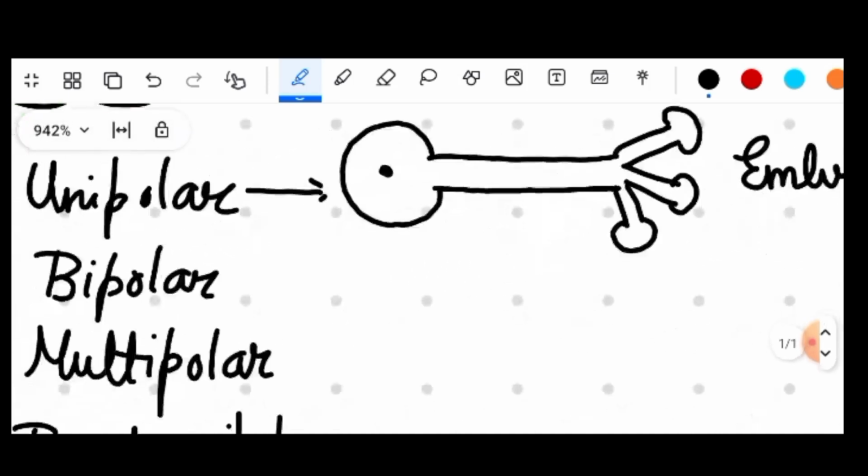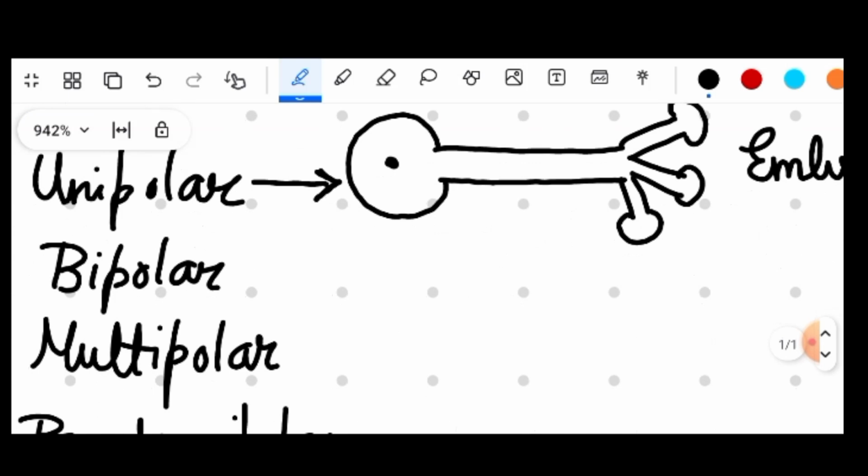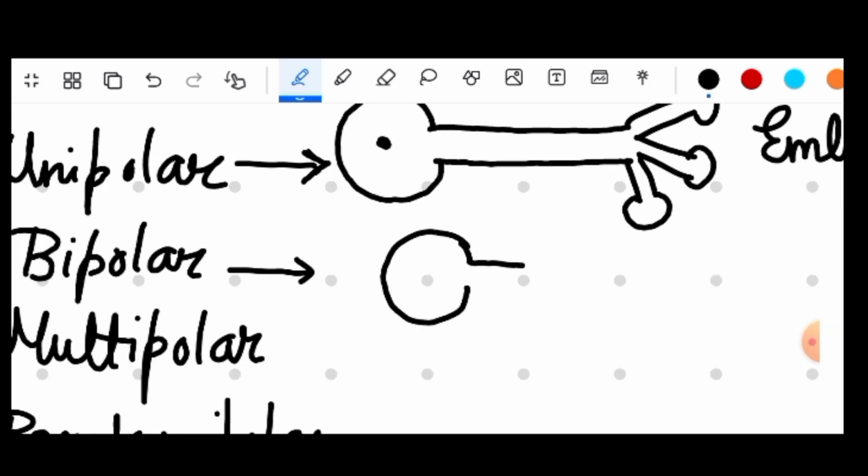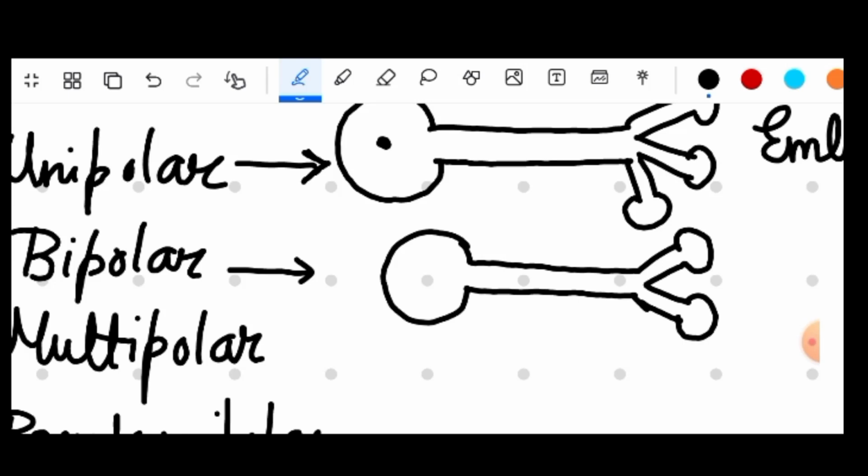Next, the bipolar neuron, where the cyton is present, dendrite is present, and axon is present, but one dendrite is present only. Okay, I'm drawing two axon terminals to ensure clarity here.